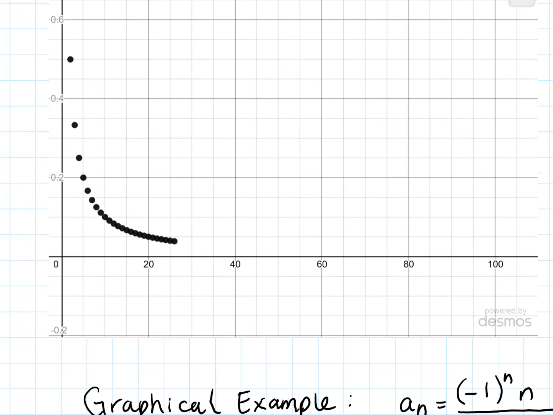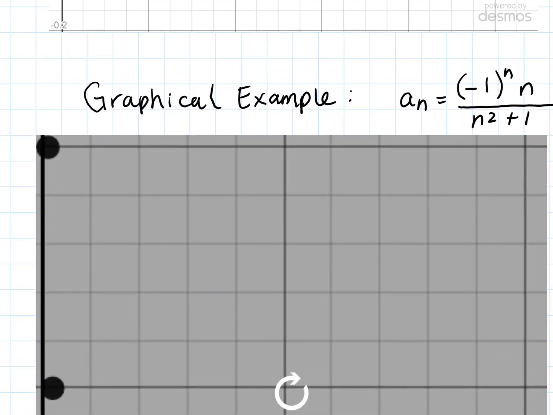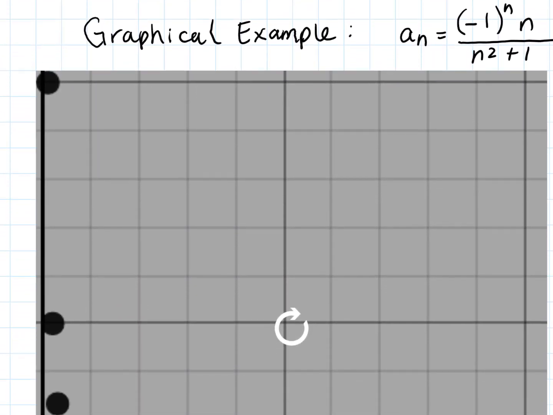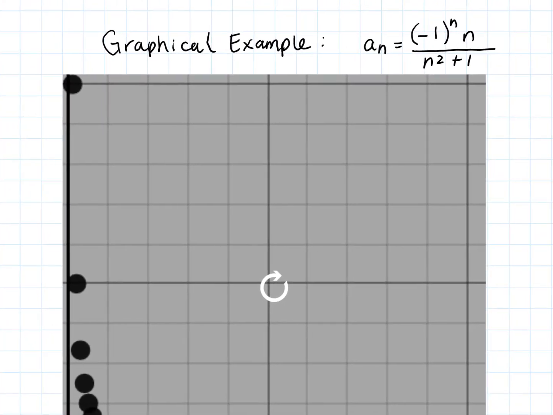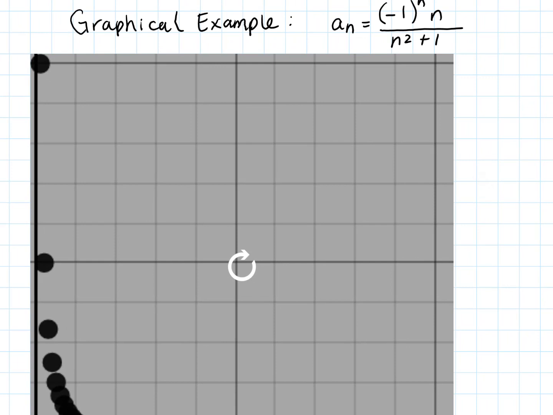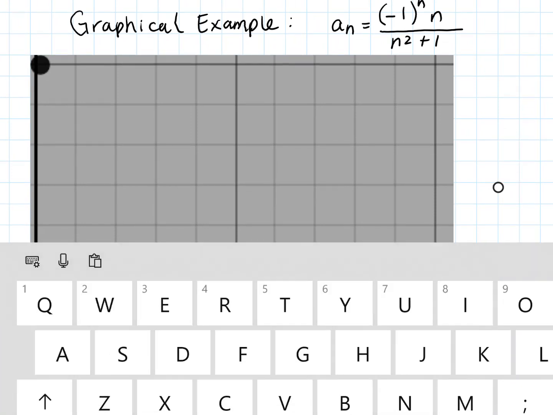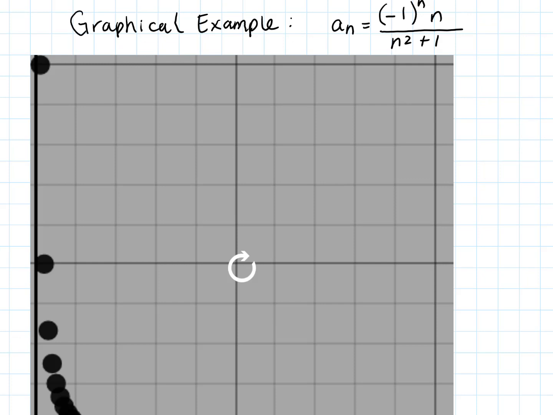All right, so let's look at another one. So what if we had this sequence? What if we looked at a sequence that actually had a switch on it, (-1)^n times n over n squared plus 1.